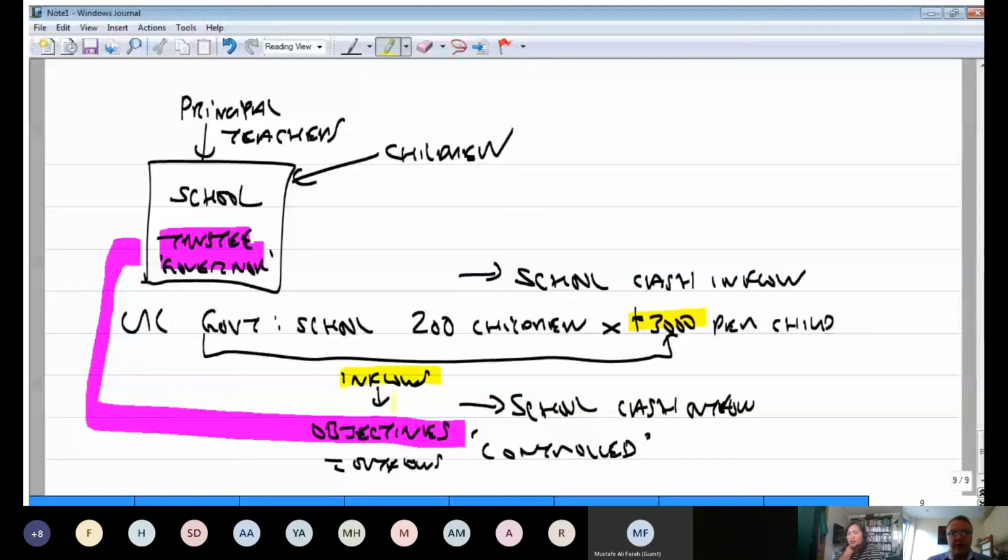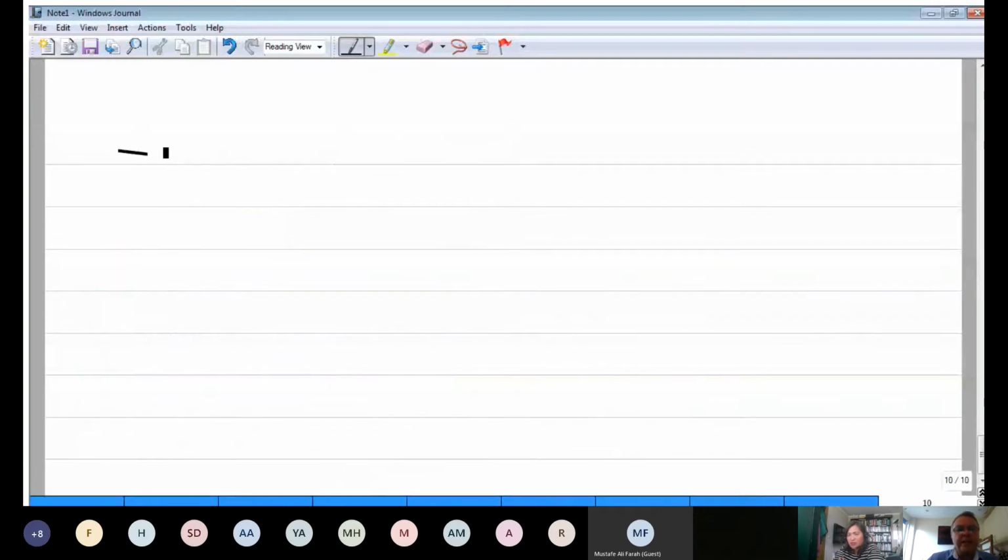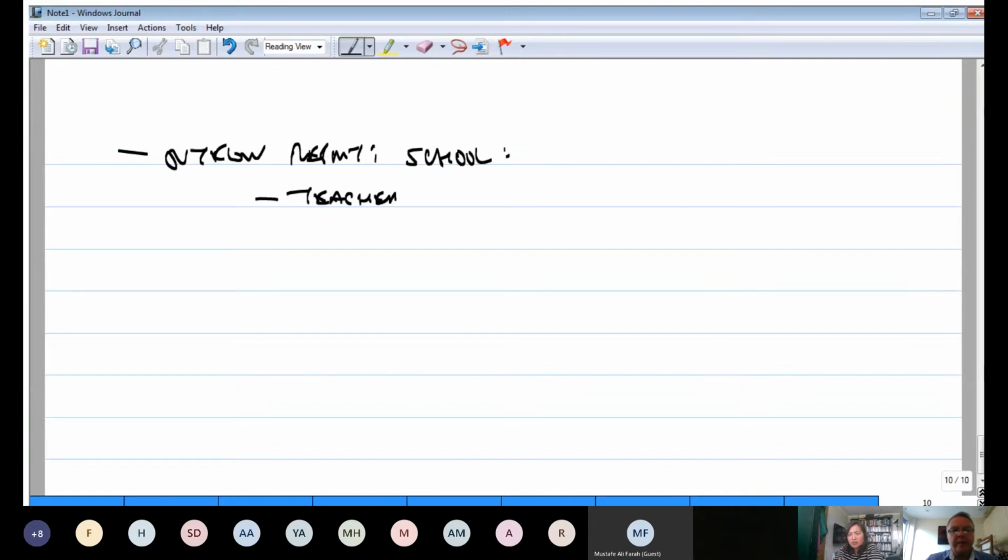There's your inflows, and there's your outflows. Now the question is, what would happen if we were going through the outflows and we looked at a report and we saw things like this? So this is the outflow report. And remember, we are looking at a school. So the kind of expenditure we'd expect to see will be things like teachers' salaries. We'd expect that, wouldn't we?